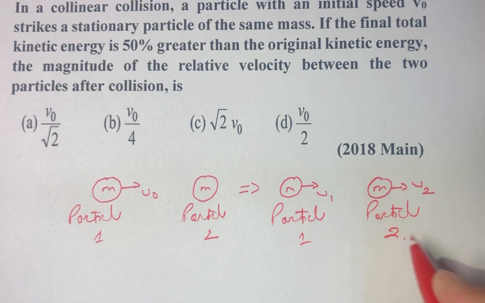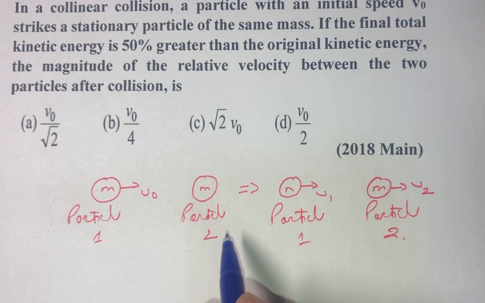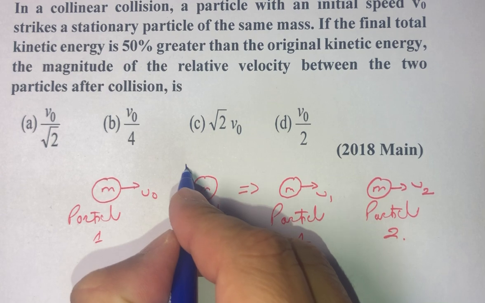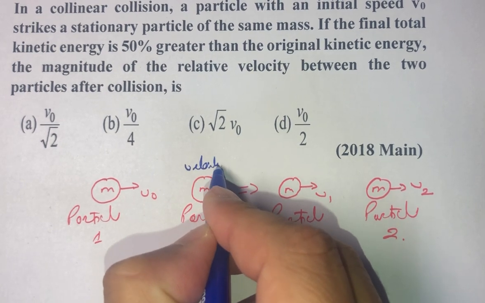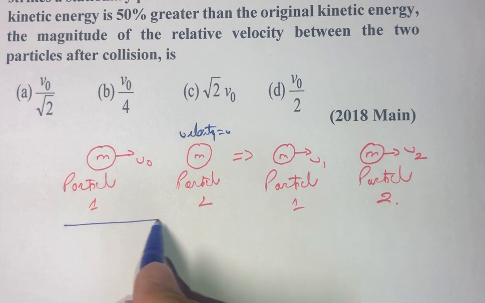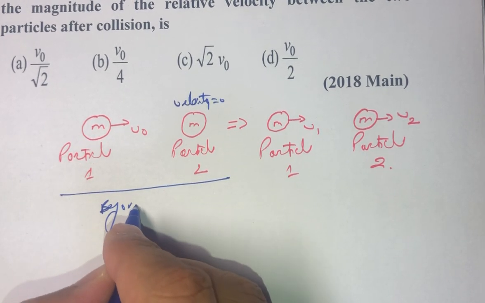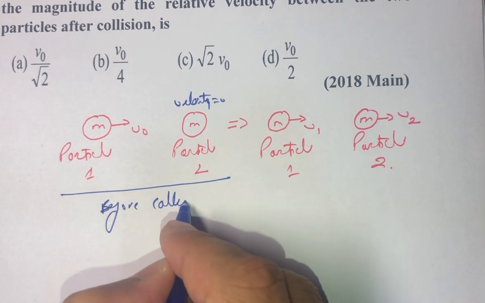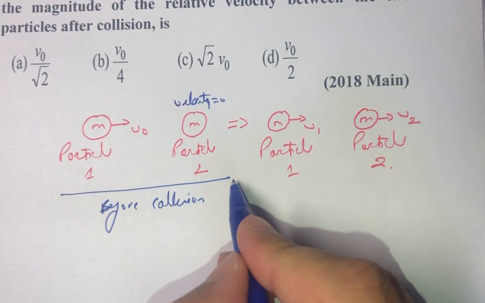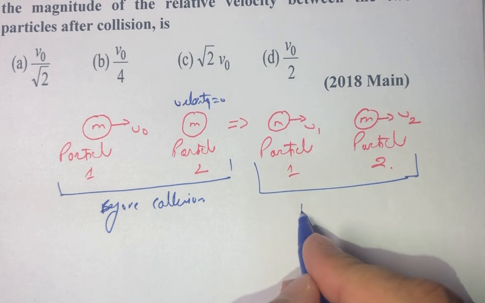This is particle 2. So particle 1 is having velocity equal to 0. So this is before collision, and this is after collision.